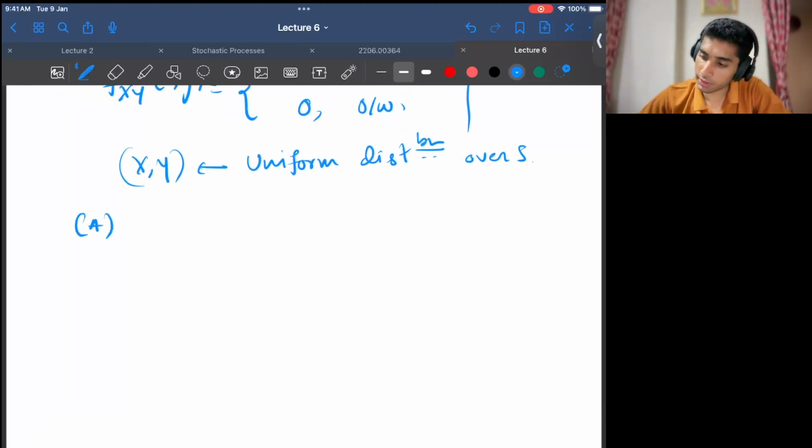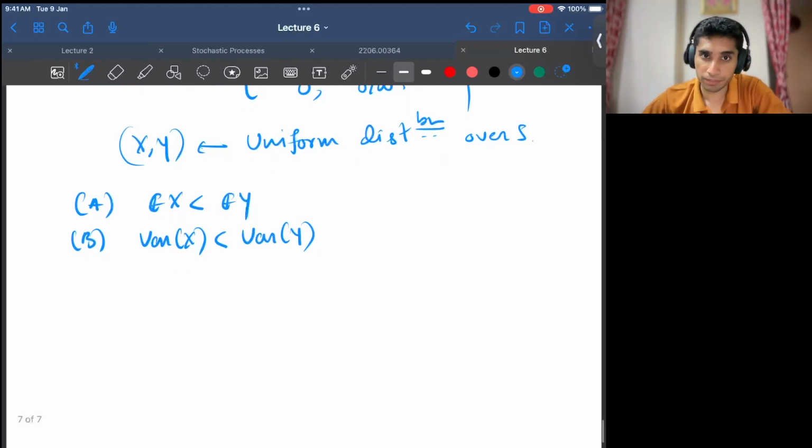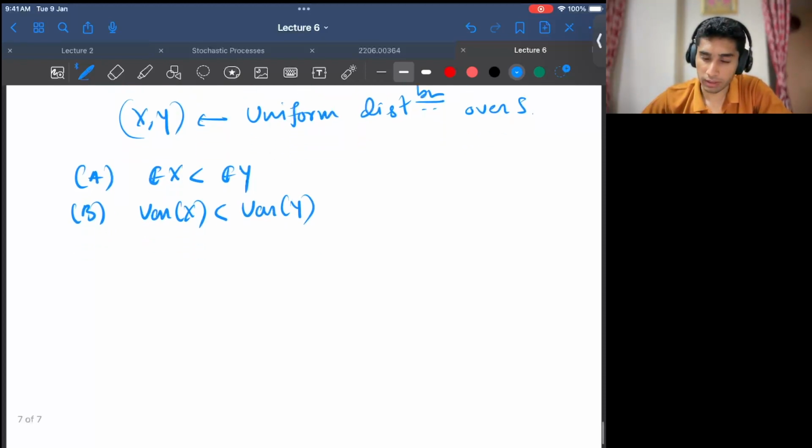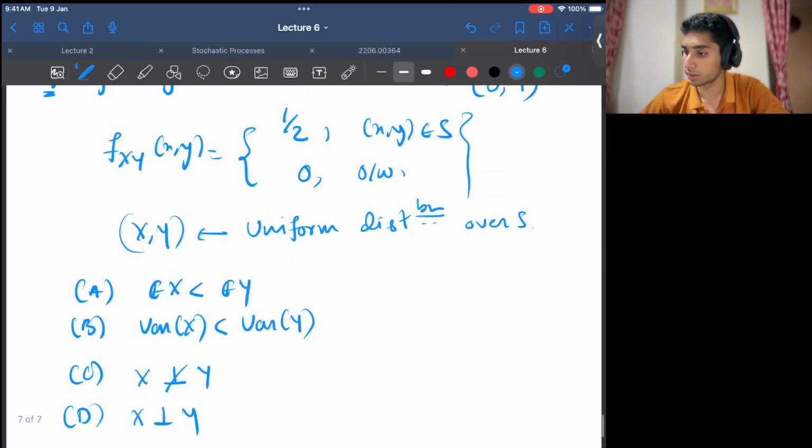The first option is expected value of X is less than expected value of Y. The second option is variance of X is less than variance of Y. C is X is not independent of Y, and D is X is independent of Y. You have to find out which of these is the correct option.